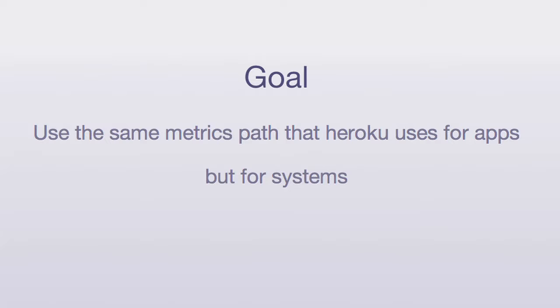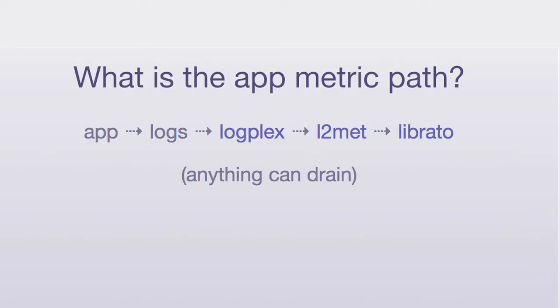So my goal was that I wanted to use the same set of metric paths for applications as well as systems at Heroku. Most applications on Heroku have this path. An app emits logs. The log metrics are formatted in a very particular way.